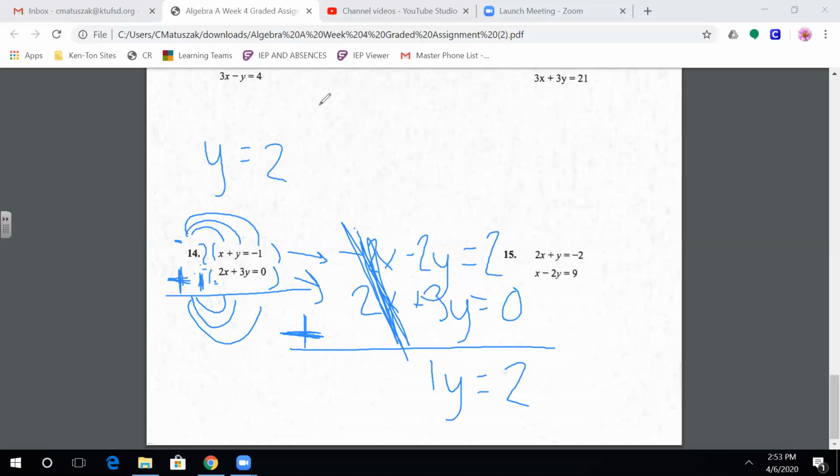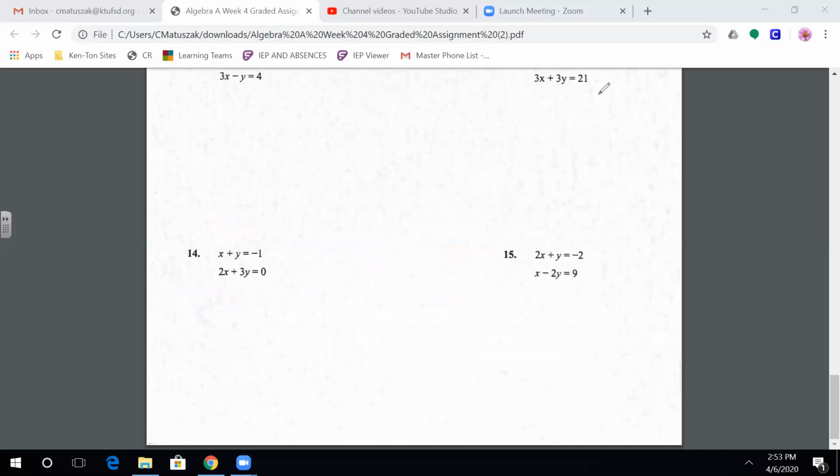Remember that a solution set is a point and has both the x and the y. So we have y, and we now have to solve for x. You can plug in y equals 2 into either equation. Again, I'm just going to use the top equation. You could do it in the bottom one if you wanted. This equals negative 1.